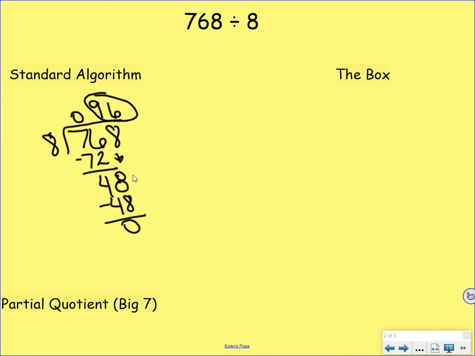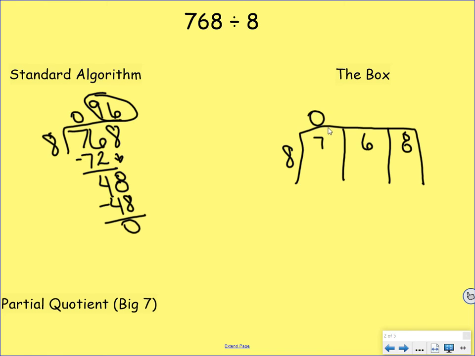So how would this look in the box? Draw my beautiful box, and I'm having a 7, a 6, and an 8. And then I'm dividing by 8. Will 8 go into 7? I cannot take that away, so no. So I bring it over, and now I have 76.